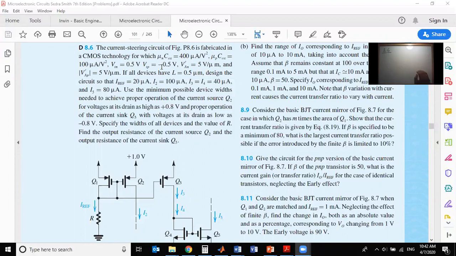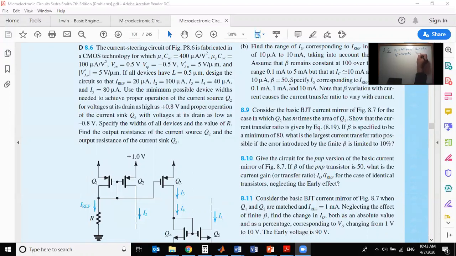Okay, we know that, so let me write these values here. We know that mu n Cox, or Kn prime, is 400 microampere per volt squared, and Kp prime is 100 microamperes per volt squared. You also have V threshold N as 0.5 volt.